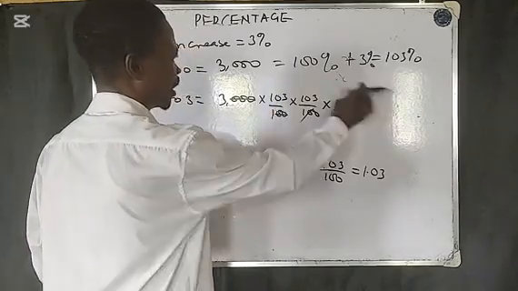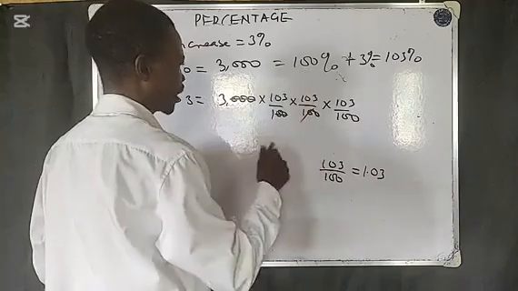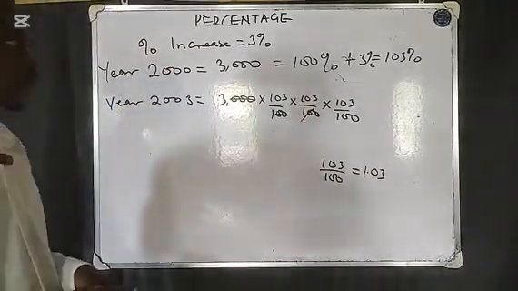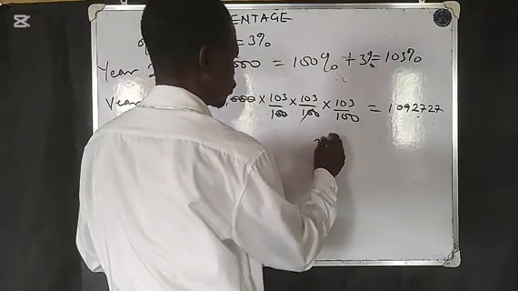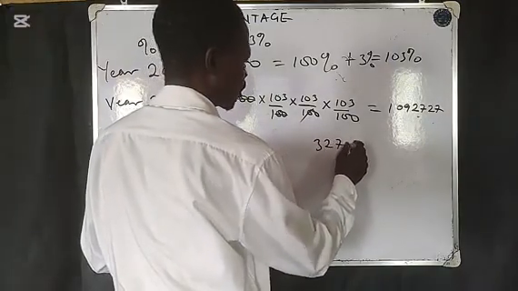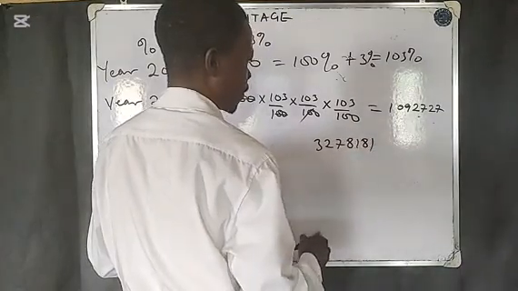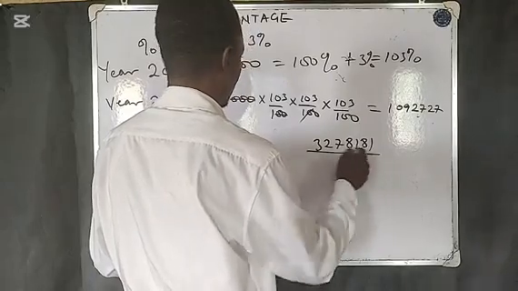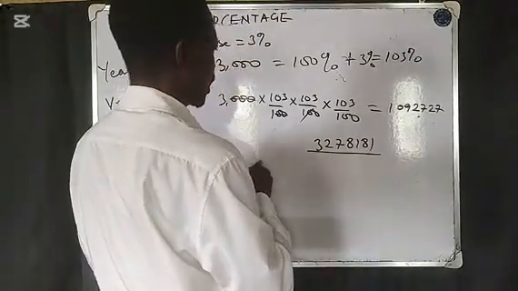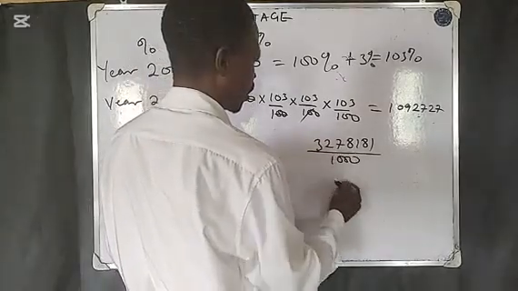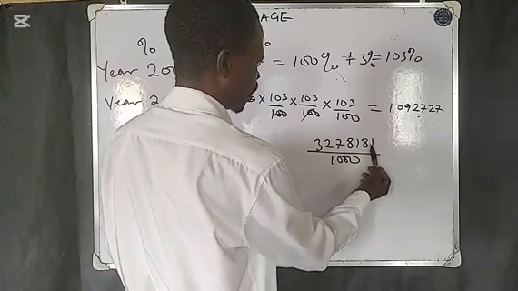So multiply everything here: 103 raised to power 3, multiply by 3, divide by 1,000. That gives 3,278.181. Divide by 1,000 now, okay, 1,000, right? 1, 2, 3 decimal places.